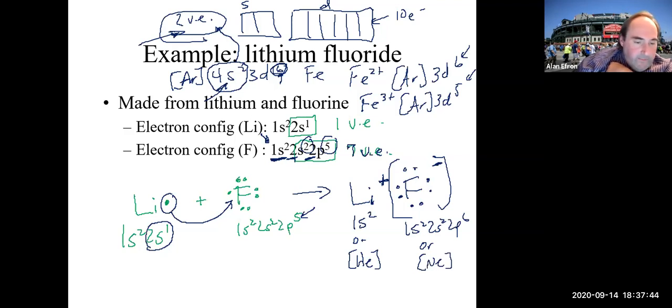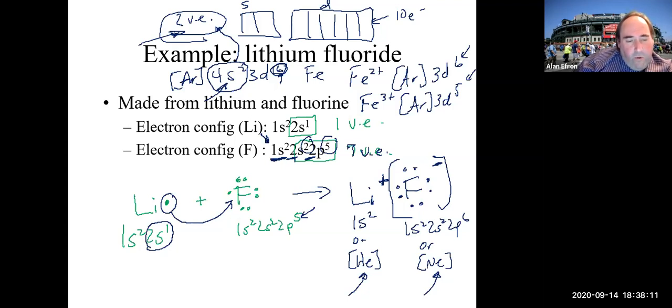So the purpose of bonding, as I talked about, is really this. In this particular case, because lithium gave up its electron, it ended up with the same electron configuration as helium, which is a noble gas. And fluorine picking up the electron ended up with the same electron configuration as neon, which is also a noble gas.